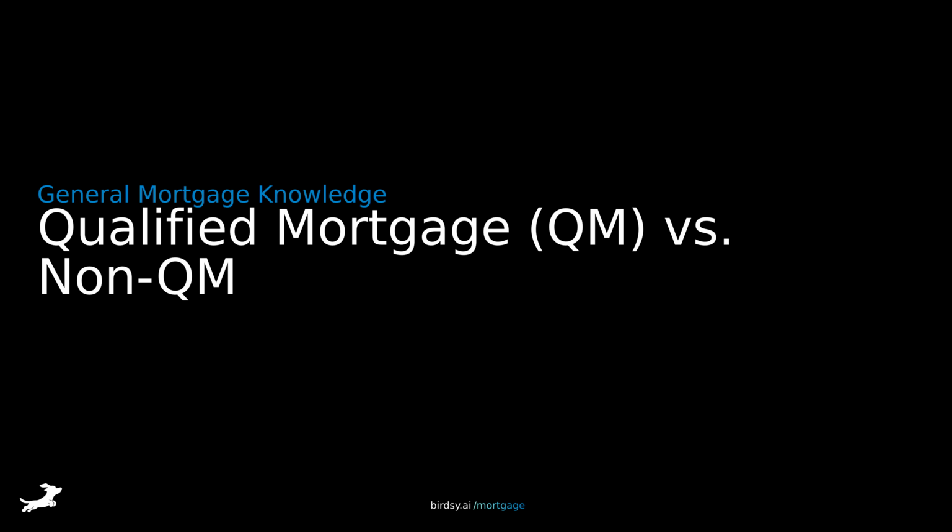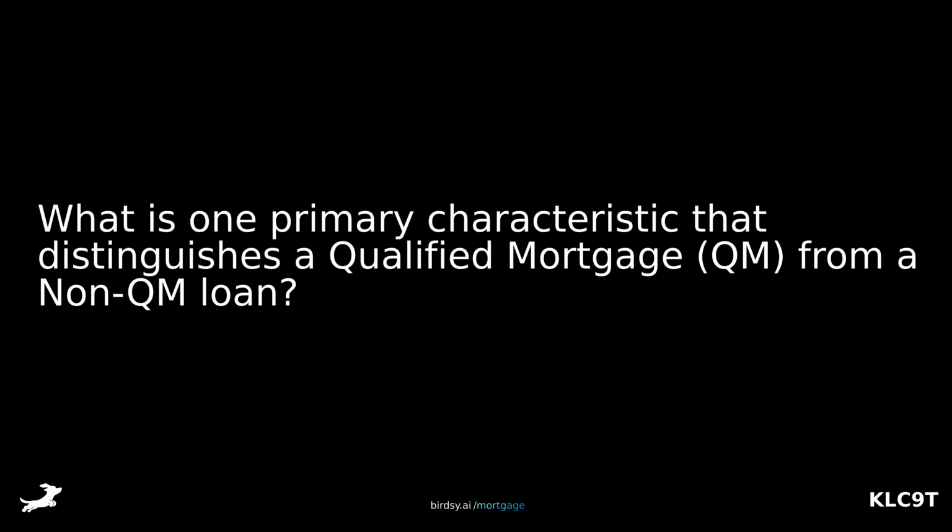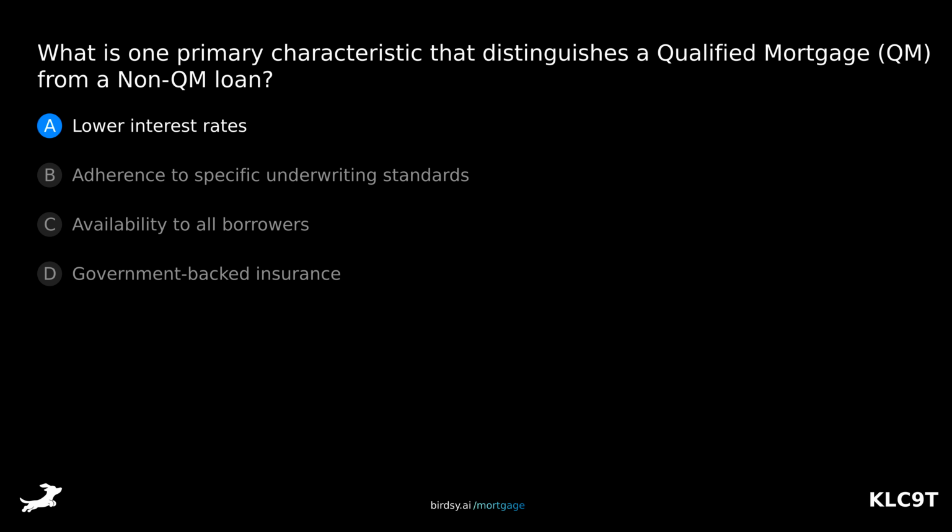Qualified mortgage versus non-QM. What is one primary characteristic that distinguishes a qualified mortgage from a non-QM loan? Is it A, lower interest rates? B, adherence to specific underwriting standards? C, availability to all borrowers? Or D, government-backed insurance?